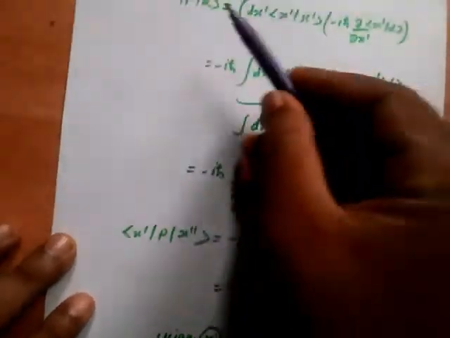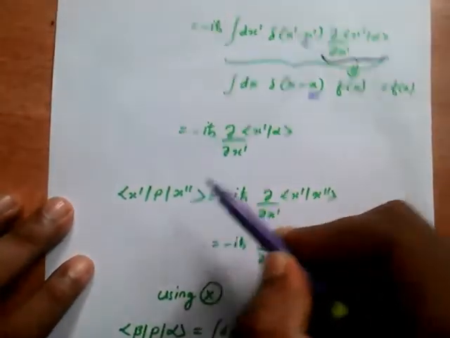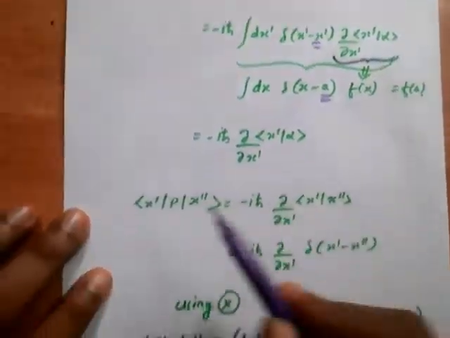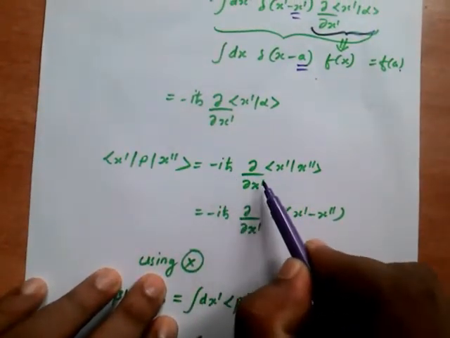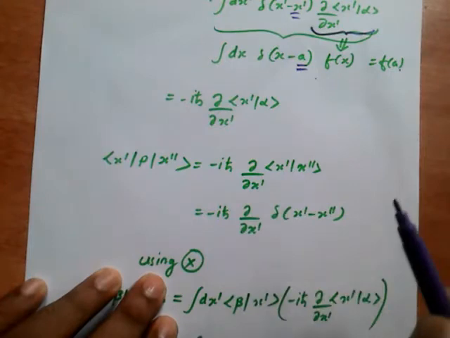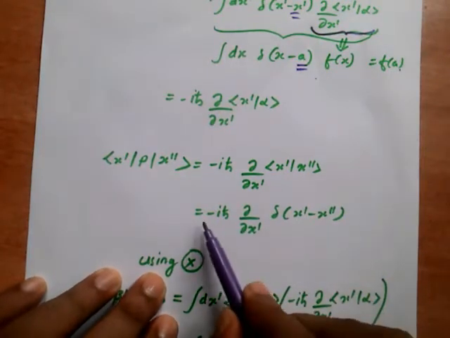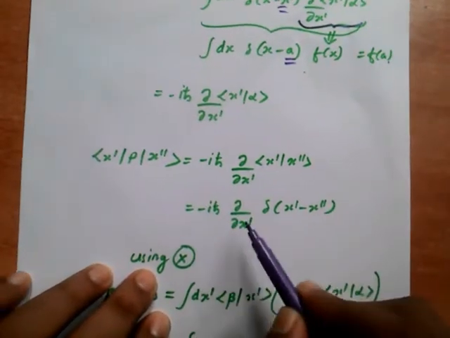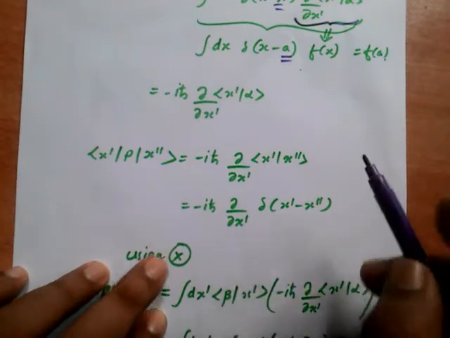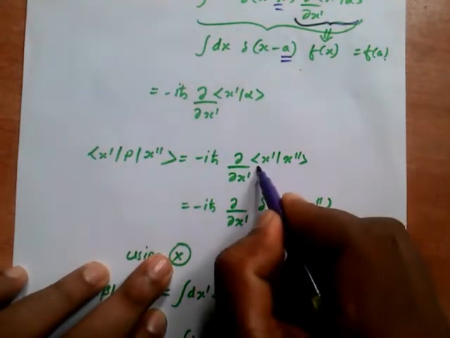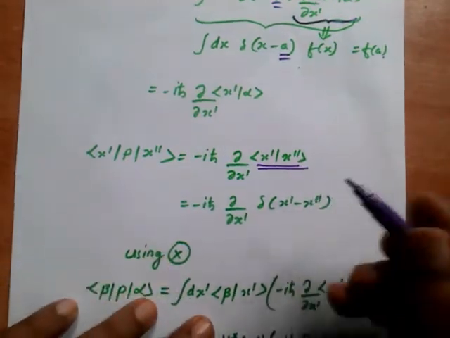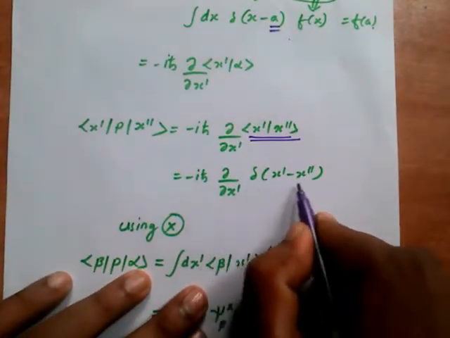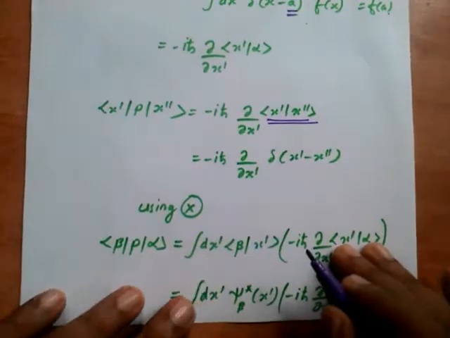Okay, if we are taking x double dash instead of this alpha, we will get x dash p x double dash equal to minus i h cross dou by dou x dash inner product of x dash x double dash, that is equal to minus i h cross dou by dou x dash of x dash inner product x double dash. We have solved earlier that delta of x dash minus x double dash.